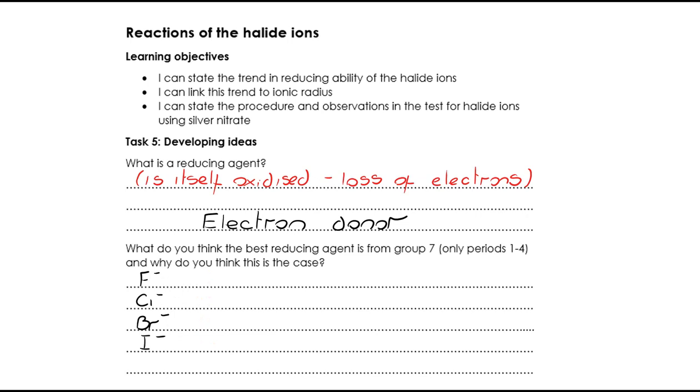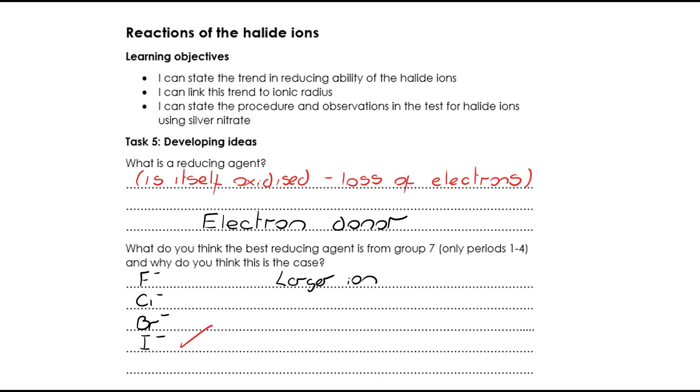So once you've got these four, once again, have a think, if you hadn't already made up your mind about one of these, which of these is the best reducing agent? And the correct answer is the iodide ion. So well done if you said that. If you didn't, don't worry, because we can start to explain why that is the case.